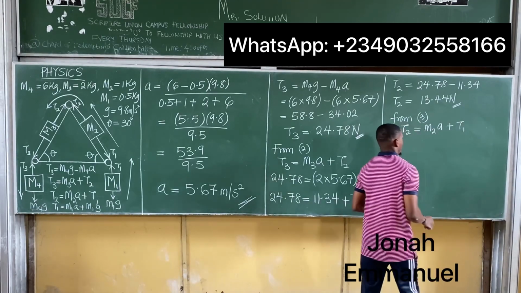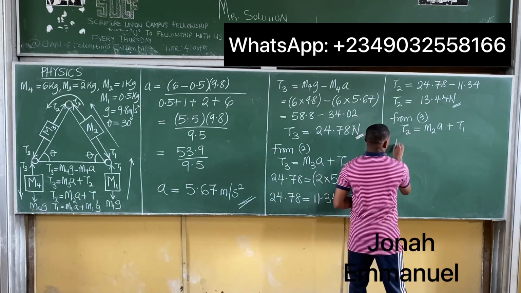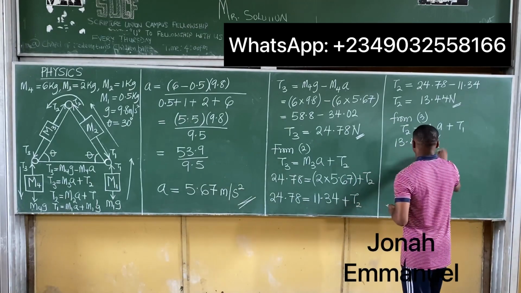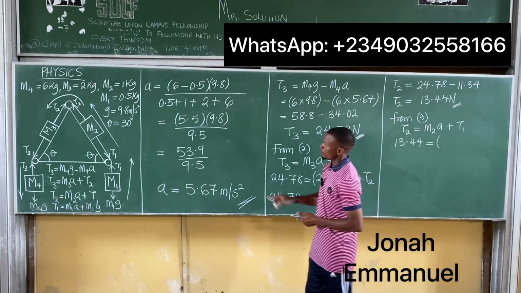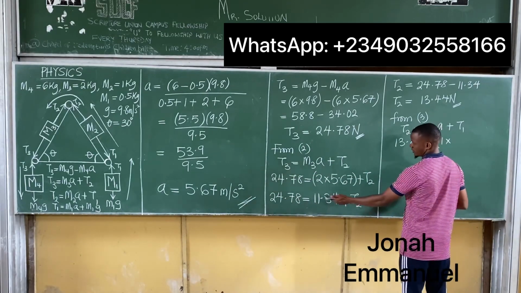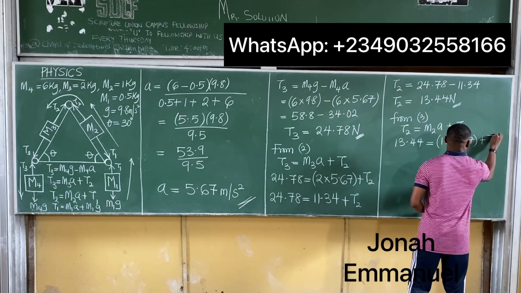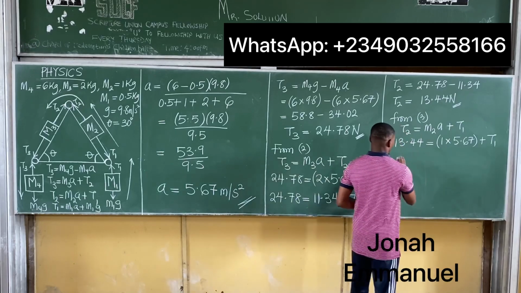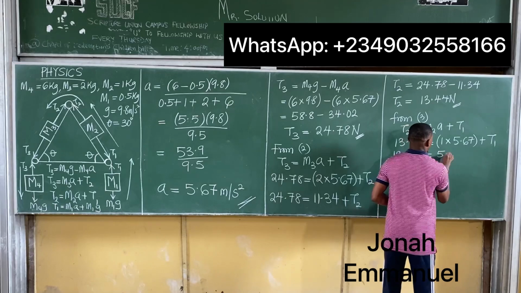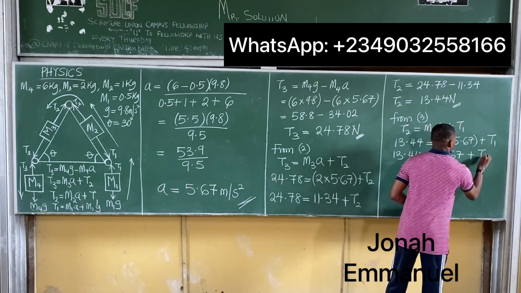So T2, we said, is 13.44, equal to M2. M2 is 1 kilogram. So that's 1 times the acceleration, which is gotten as 5.67, plus T1. So this becomes 13.44 is equal to 5.67, of course, times 1 is itself, plus T1.